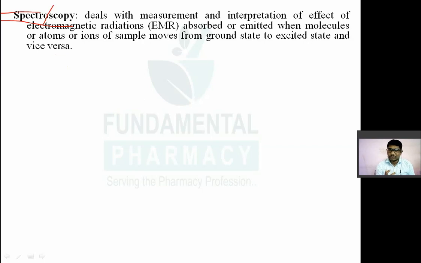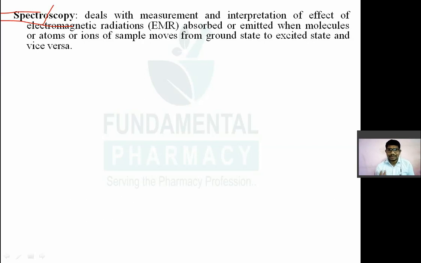So there is a spectrum of electromagnetic radiations. There you will have different kinds of electromagnetic radiations, like UV, IR, ultraviolet rays, then infrared rays, then microwave rays, radio frequency waves, X-rays, gamma rays. These different kinds of rays or radiations are a part of electromagnetic radiations.